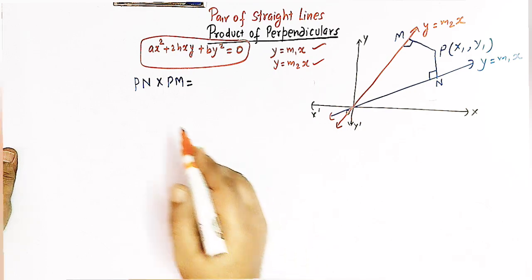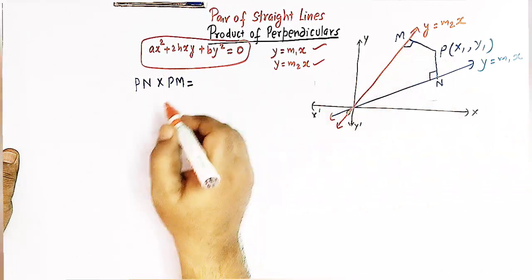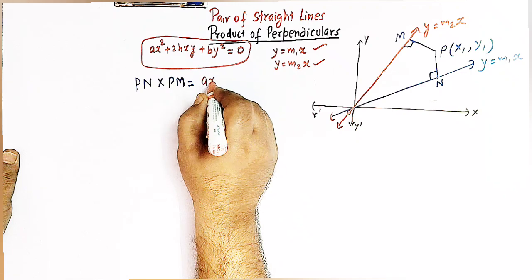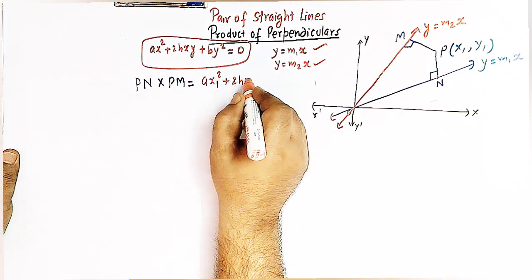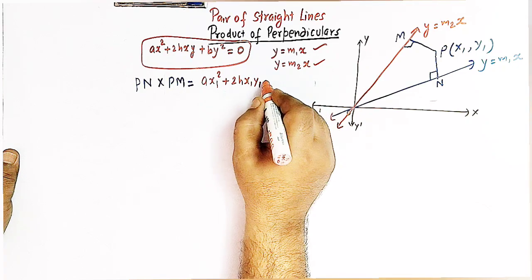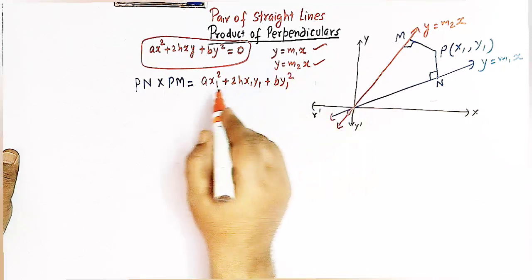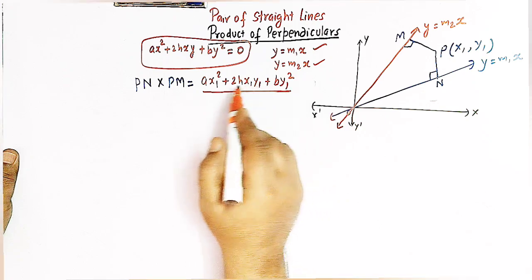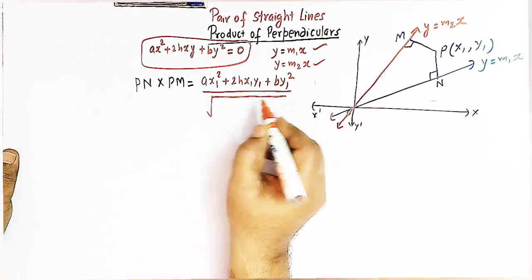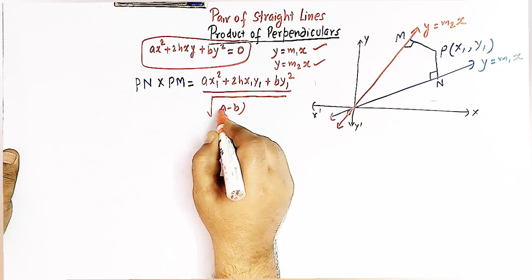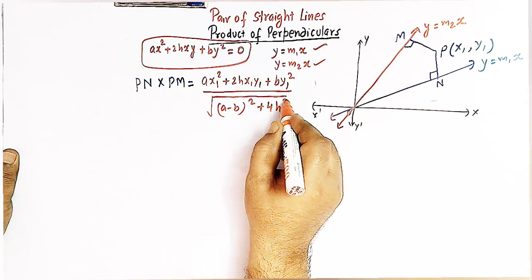So the direct formula for finding out the product of the lengths of these two perpendiculars is given by ax1 square plus 2hx1y1 plus by1 square, and we'll divide the numerator by the square root of (a minus b) square plus 4h square.